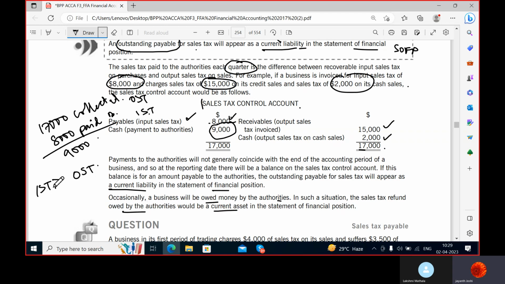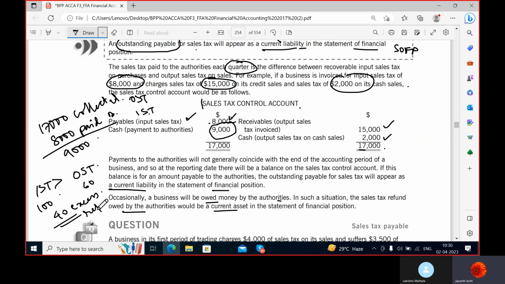Say we have made an input payment of 600, but we have received output sales tax of 60. So in that scenario, 40 we have paid in excess, and the tax authorities will refund it.